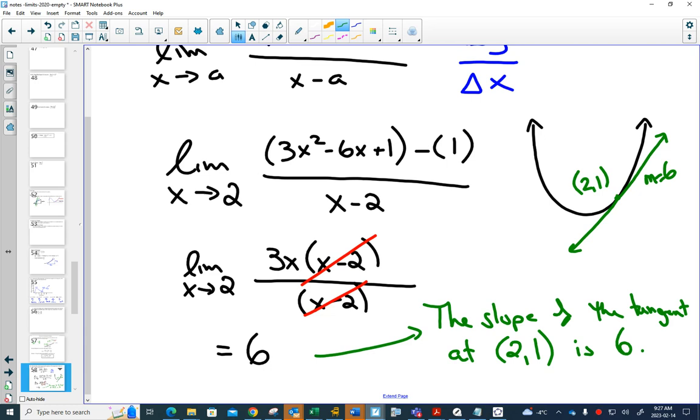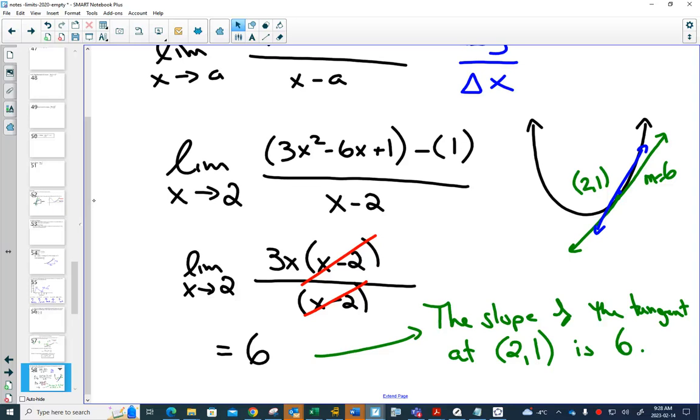We figured that out because we took a secant line and made that distance between the x and the a arbitrarily small. We took a limit and said, if we kept making it smaller and smaller, does it approach something? Yes.